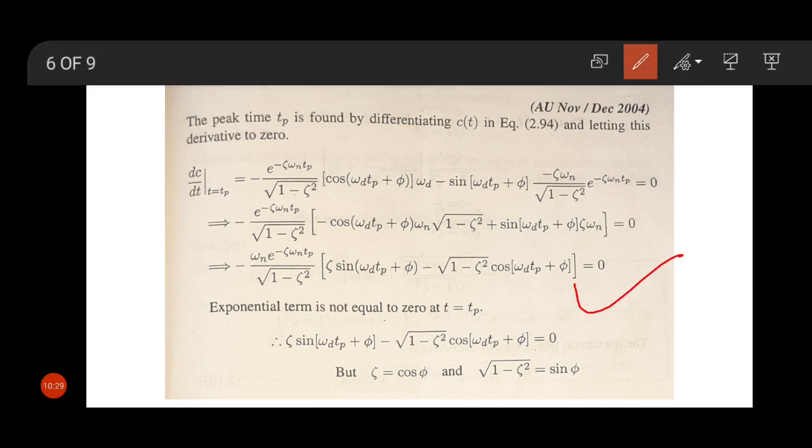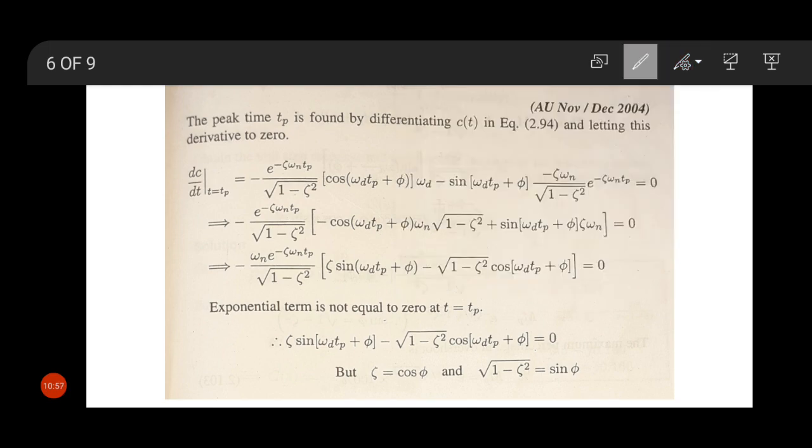The exponential term is not equal to 0 at t equal to Tp. That's why we can write zeta sine(omega d Tp plus phi) minus root under 1 minus zeta square cos(omega d Tp plus phi) equal to 0. But we know zeta equal to cos phi and root under 1 minus zeta square equal to sin phi.